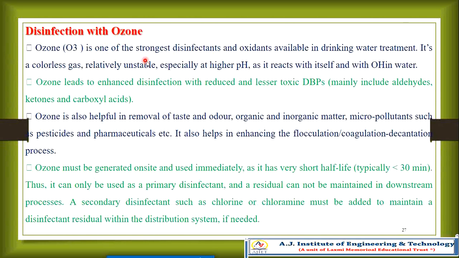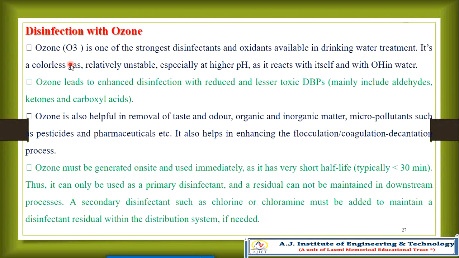Ozone is one of the strongest disinfectants and oxidants available in drinking water treatment. It is a colorless gas, relatively unstable, especially at higher pH, as it reacts with itself and with the OH in water.